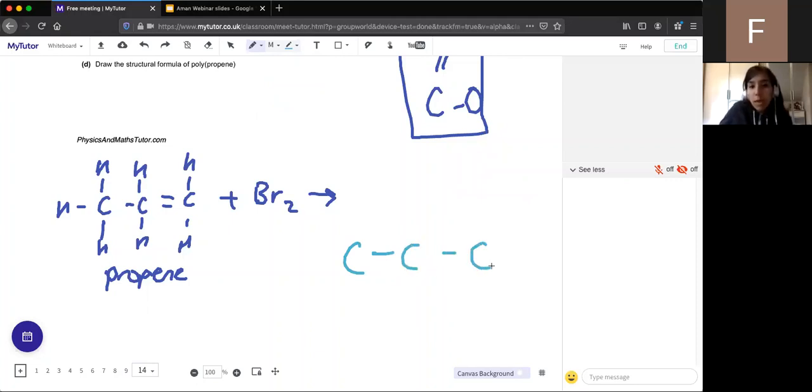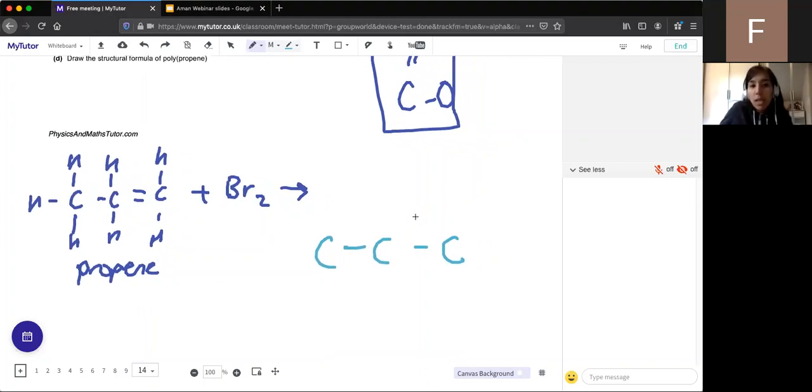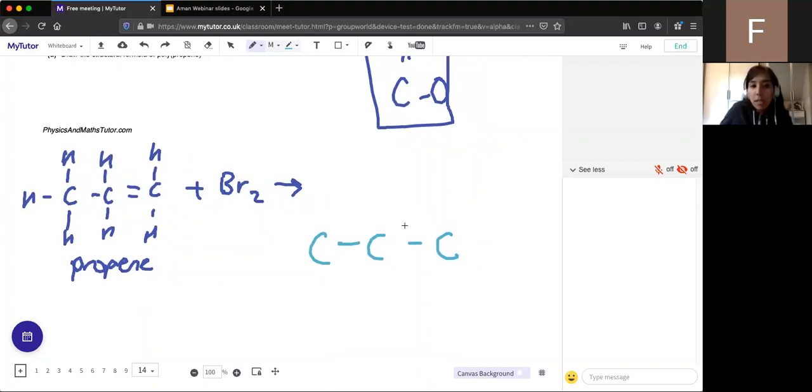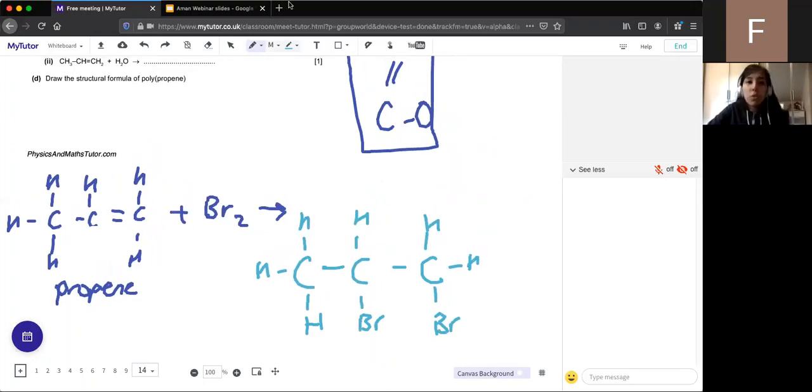So it will be propane. And where the double bond is, in its place, bromine will replace it. So we get H3. I've just realised that I drew too many bonds there as well. There you go. H, Br, H, H, Br. So any ideas what we call that then? So the good, it's dibromopropane, CH3, CHBr, and CH2Br.